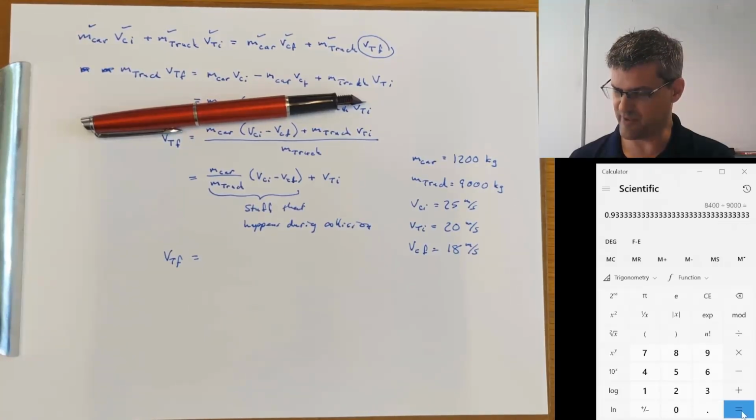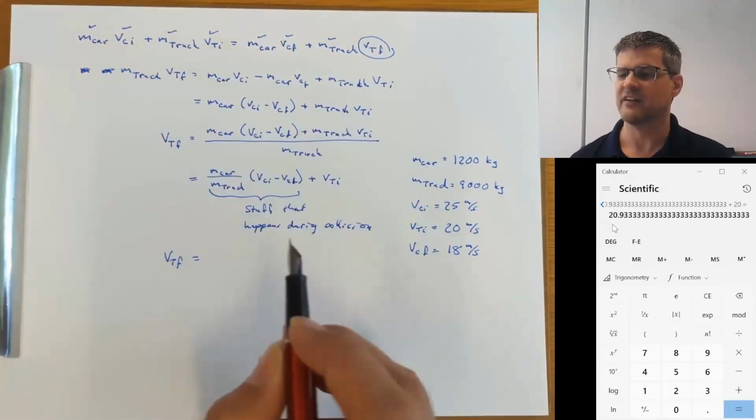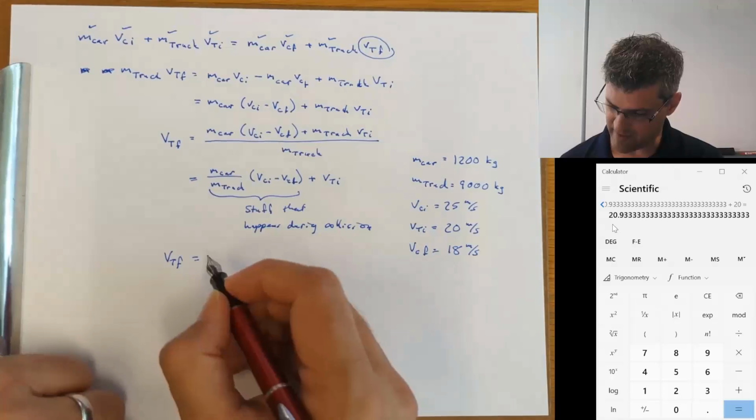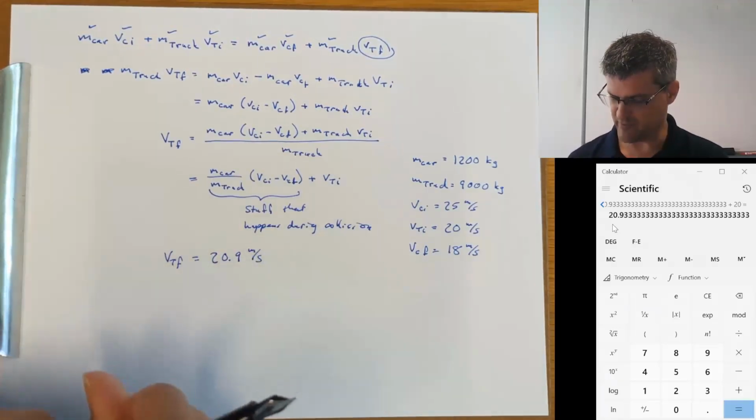Okay, that's a pretty small change in velocity. This velocity is added to the truck's initial velocity of 20. So after the collision, the truck is moving at 20.9 meters per second.